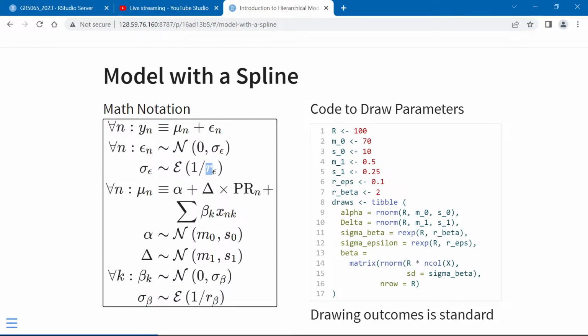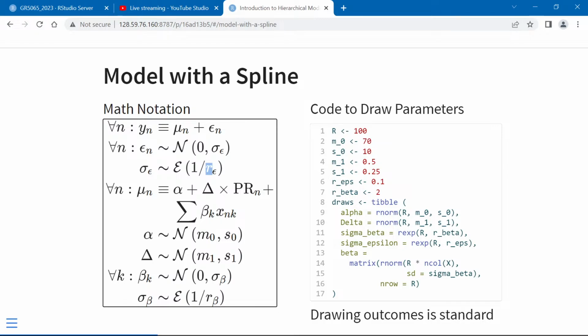We have a prior on delta, which is just a regular prior, so you might say, okay, I think you might have a small positive effect to have a PR system rather than a plurality rule system for a variety of theoretical reasons that have been talked about. And so here I managed to do the R's correctly. So prior rate for sigma epsilon is 0.1, so expectation of 10.